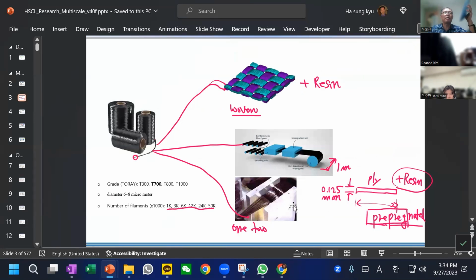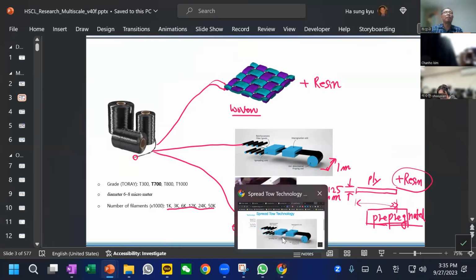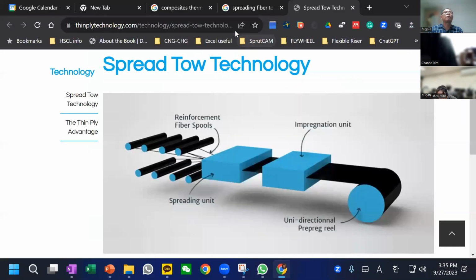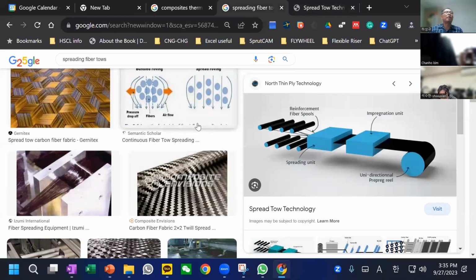Spreading fiber sounds like an easy task, but it's not that easy. All the quality of the prepreg and the quality of the ply is coming from spreading technology. So I hope you understand where we are.